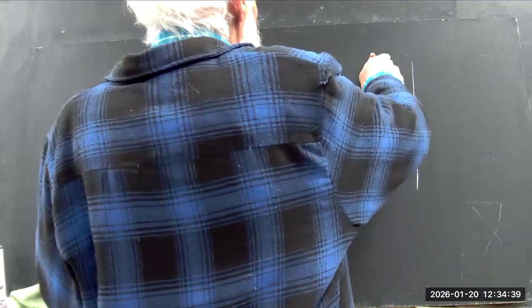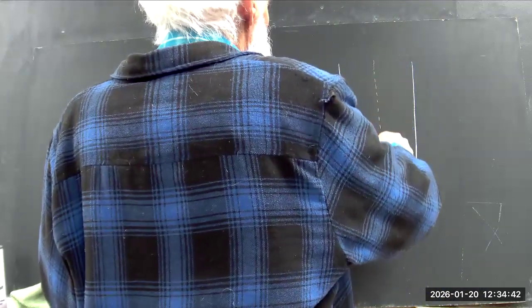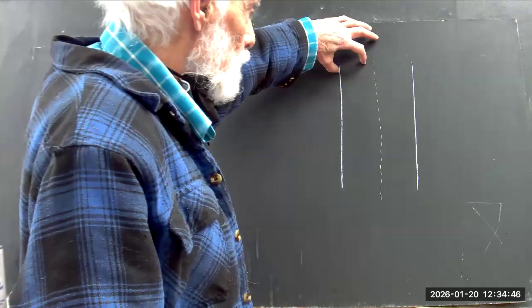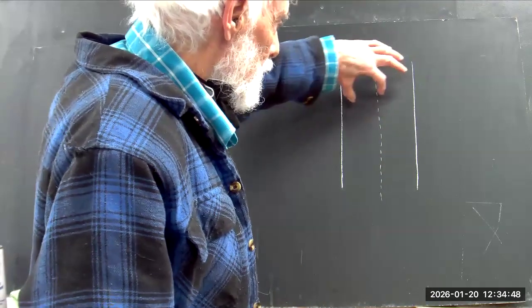Some of you drew your vertical lines a little too close together. But that's not great. It's a little close to this line here, but then I kind of corrected it here, so it's good enough. Okay.